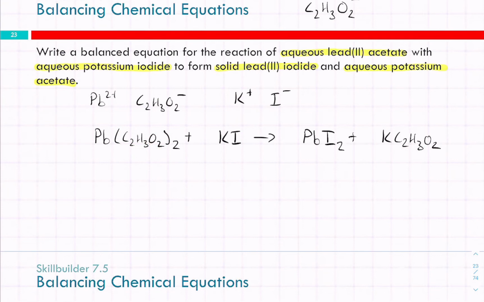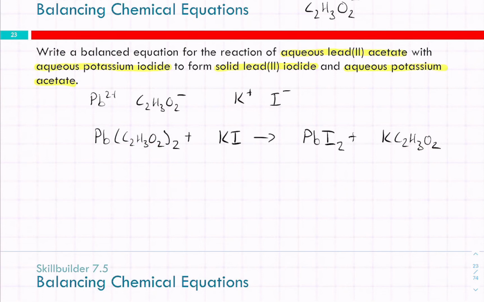Now, is there anything in particular we should start with on this problem? I would say no. There's nothing that exists as a single element. Everything is only part of one compound on either side.